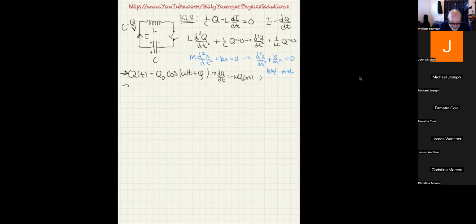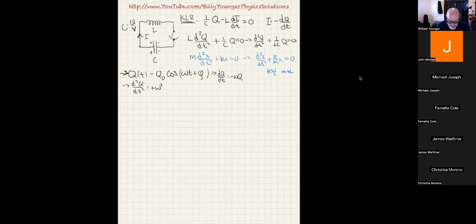Then the second derivative is going to be... actually, let's see. Oh, wait a second. I made a mistake; that was supposed to be sine. No wonder I'm getting flopped up. When I took the derivative of Q, the derivative of cosine is negative sine, and I didn't write that.